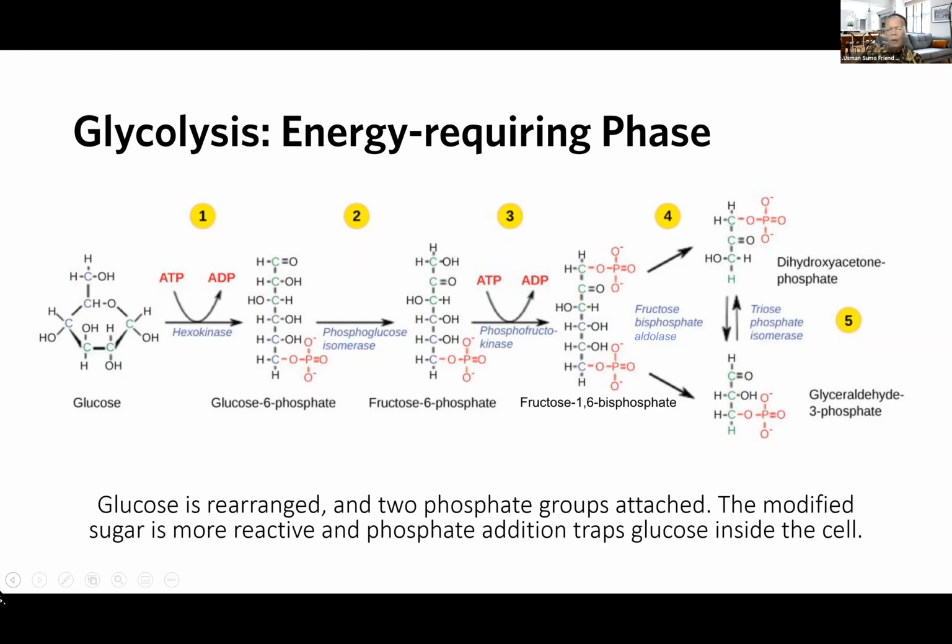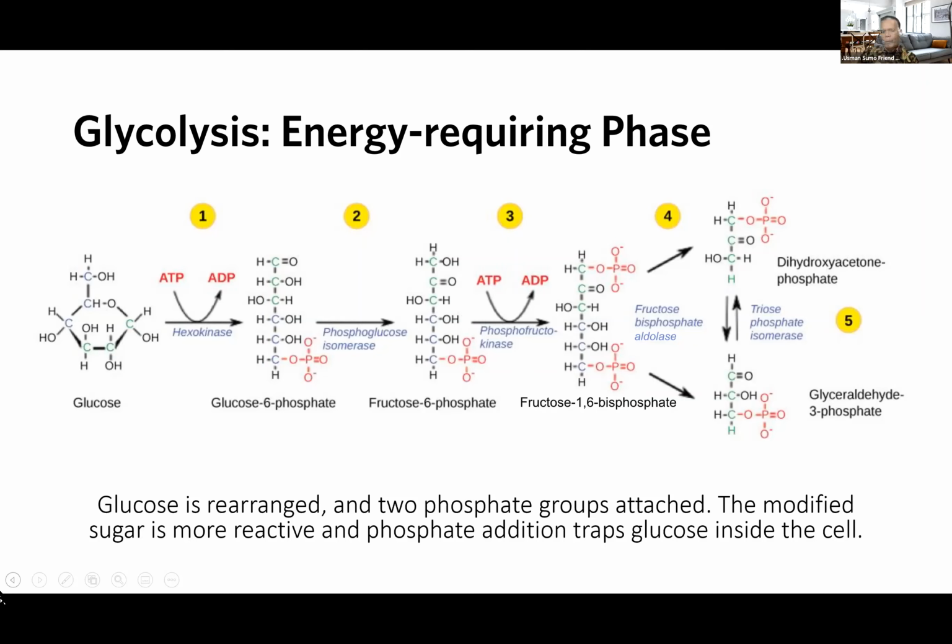Now you get a molecule with two phosphate groups attached to one molecule of glucose. The modified sugar is more reactive and phosphate addition traps glucose inside the cell.